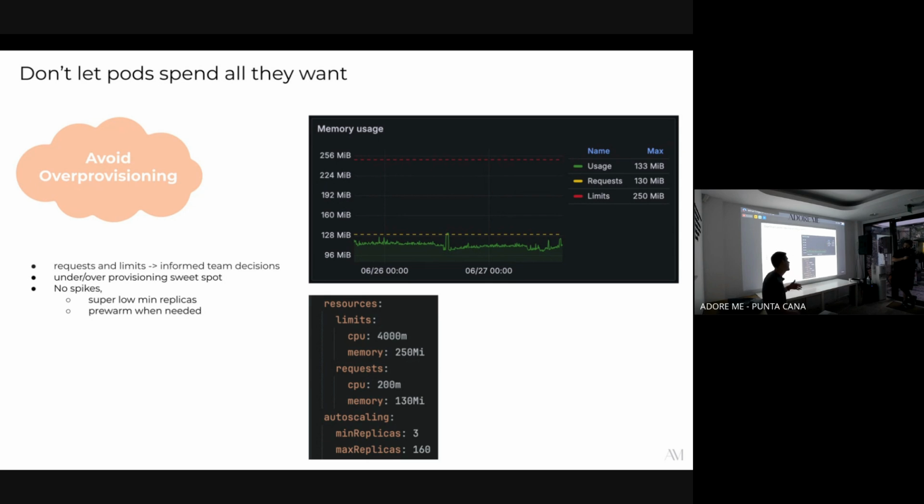They will know that this metric has this value now, and they need to scale to max replicas. So if we know we have a campaign, like a commercial on TV, we can tell the cluster, scale up because we are expecting a big spike.